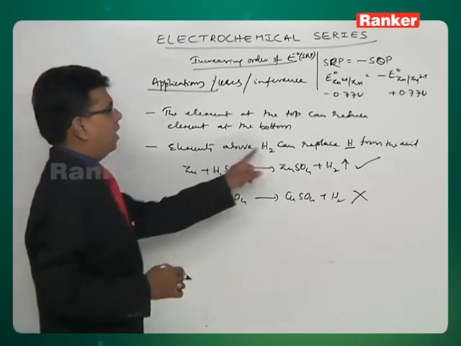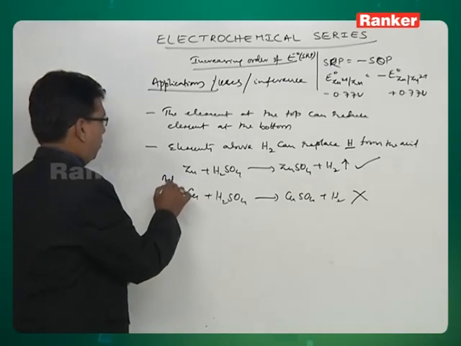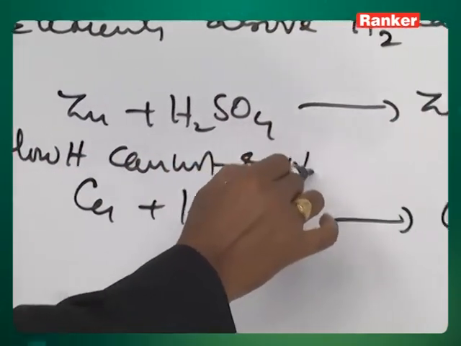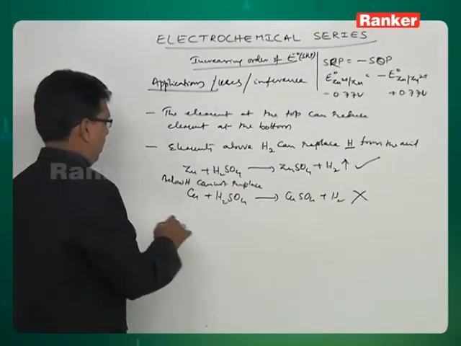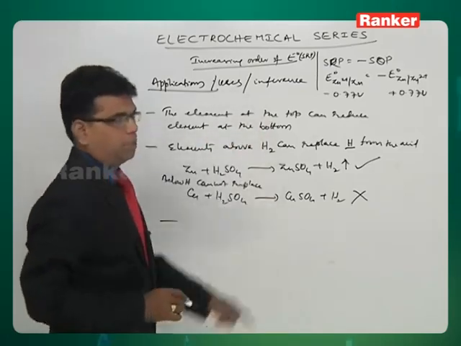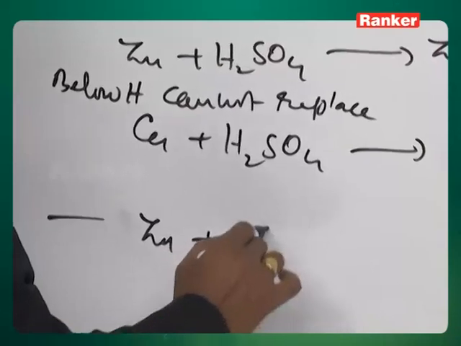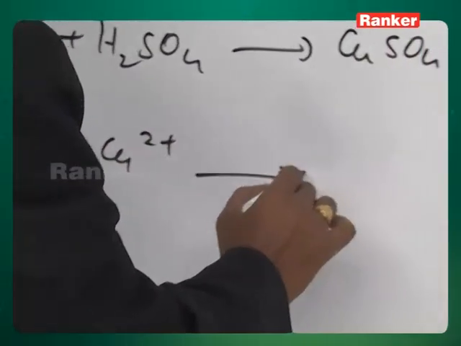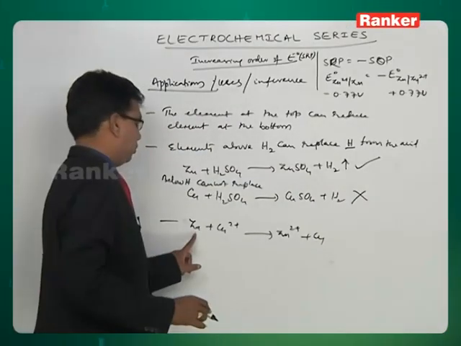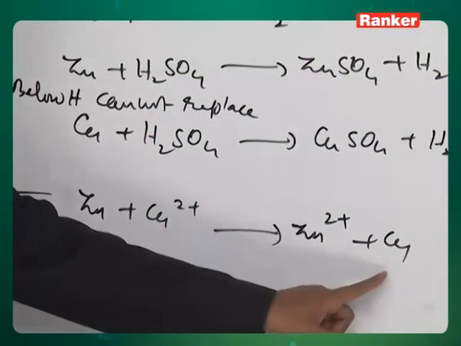So, elements above hydrogen can replace hydrogen from the acid, but elements below hydrogen cannot. Also, the element at the top can reduce the element at the bottom. So, Zn plus Cu2 plus giving Zn2 plus and Cu is possible. The element at the top undergoes oxidation and reduces the ion to metal.